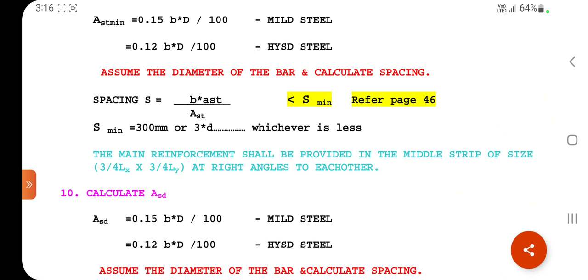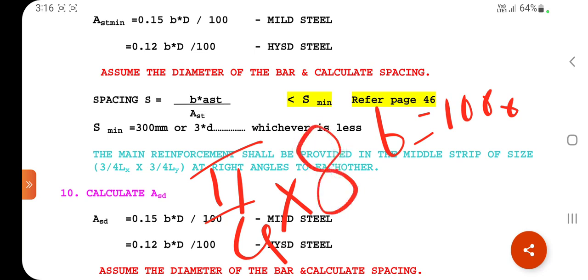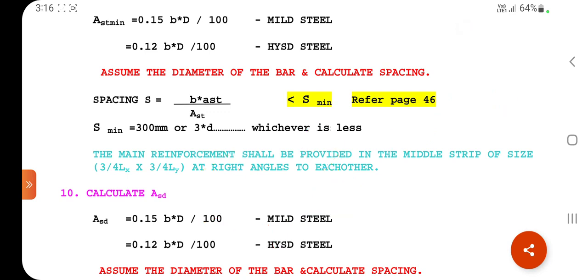Now here small b equals 1000, small ast equals pi by 4 into, suppose I have assumed a bar of diameter 8 mm, squared. Substituting this value into the formula, we get the spacing.